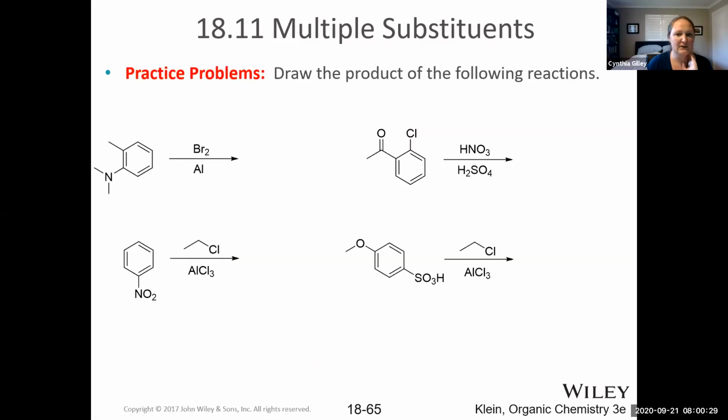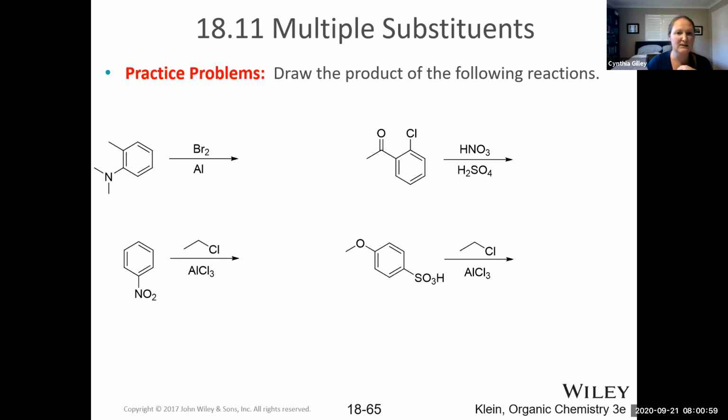All right, so let's do some more practice problems. I would like you to consider both directing groups if there's more than one directing group, and think about where the incoming electrophile will go. And remember that if you have one group that is, let's say, for example, a strong activator and ortho-para director, that is more important than a weak ortho-para director.